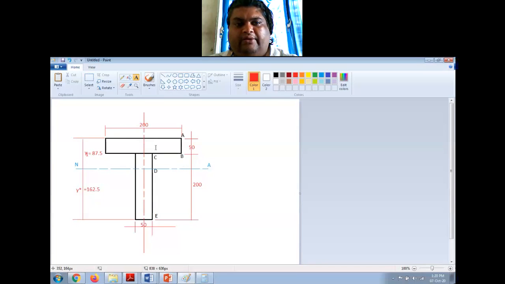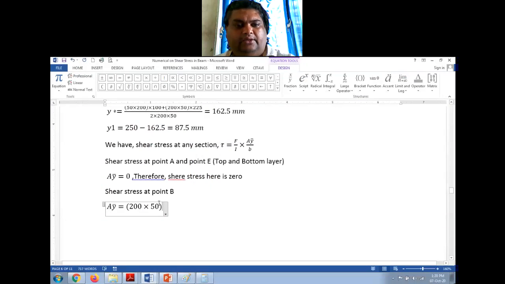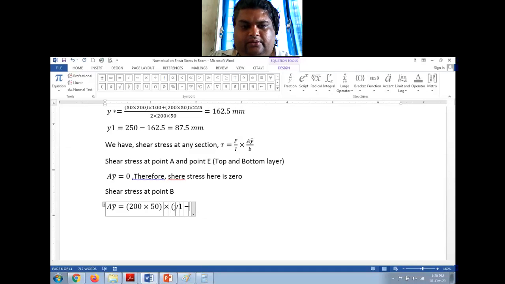The center of gravity is at a distance of 50 by 2, that is 25 mm from B, and from the neutral axis it is y1 minus 25, right? So into y1 minus 25.